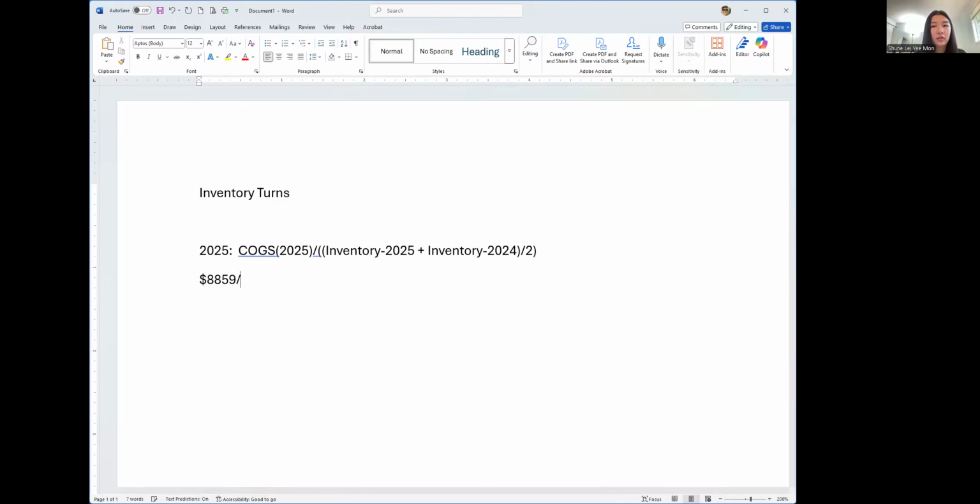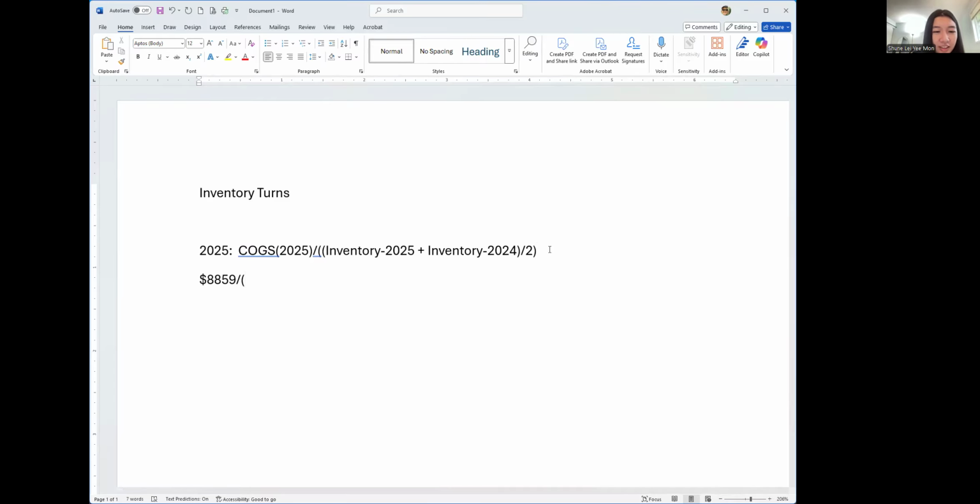And then we're going to divide it. And what's your inventory for 25? Do you have a balance sheet? I don't have the balance sheet. Well, let's make up a number. Let's say your inventory is 2,500.